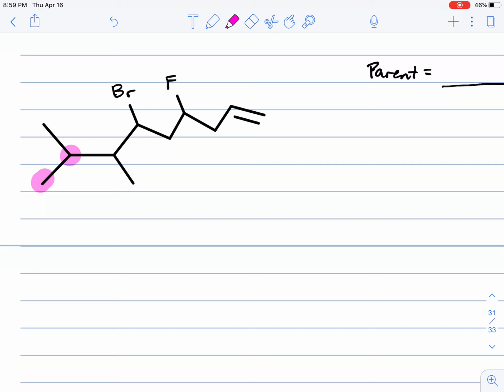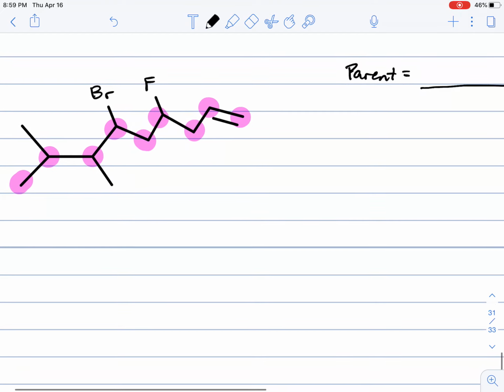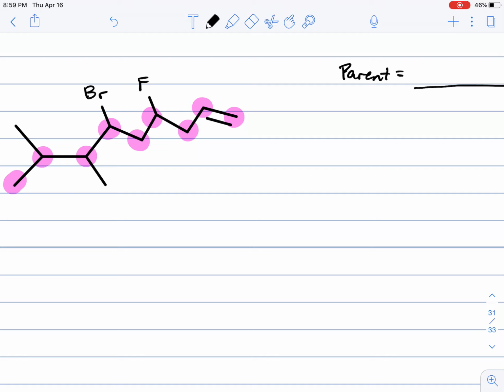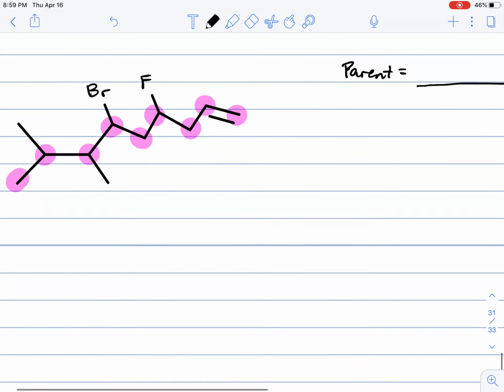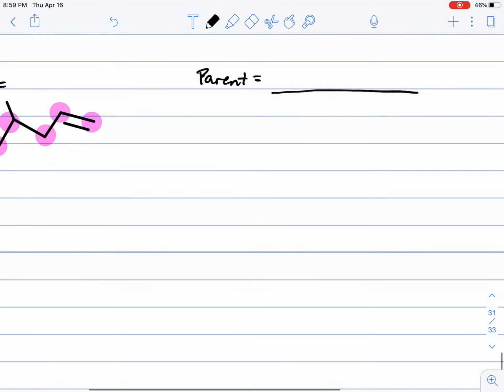So 1, 2, look, a branch point, 3. Still a whole bunch of other carbons, so that's not it. So 1, 2, 3, 4, 5, 6, 7, 8, 9. Visually speaking, you can kind of already see it, hopefully, that everything that you see here in pink is the longest consecutive carbon chain. And since I have 9, that's going to be 9 consecutive carbons.